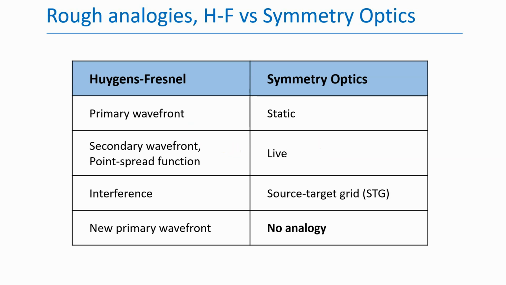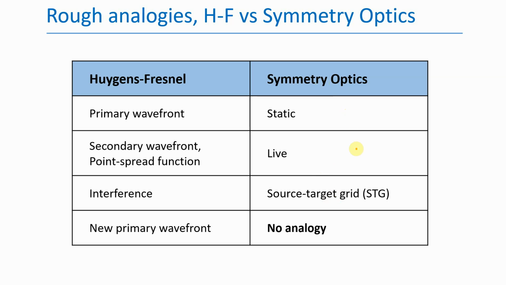The reason for this review is that Huygens-Fresnel has some rough analogies with symmetry optics. The analogies are not perfect, but at least they will give you some idea of what these new terms mean. The static is like the primary wavefront because it's our initial conditions, and we treat it like a collection of individual sources.